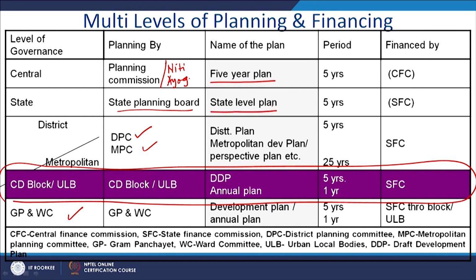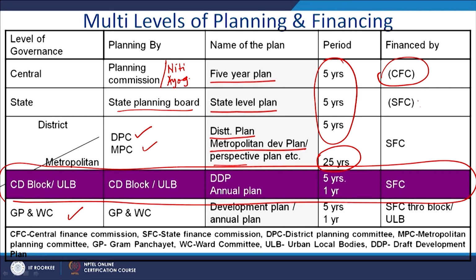The state level plan is also 5-year, and at the district level it is the district plan or metropolitan development plan or perspective plan. So, periods are mostly 5 years, but when we talk about the metropolitan plan or a plan for a region, it is 25 years. The plan provisions are made by the central finance commission.